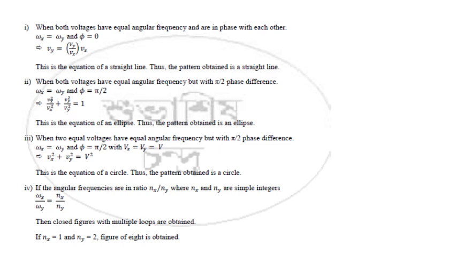If the frequencies are in a different ratio, omega x upon omega y is equal to nx over ny, you will have a different image. The closed figures are multiple loops. If the ratio is 1 to 2, with nx equal to 1 and ny equal to 2, you will get a figure of 8. Actually, nx equal to 1 and ny equal to 2 will give you an idea how many times it cuts the x-axis and y-axis.